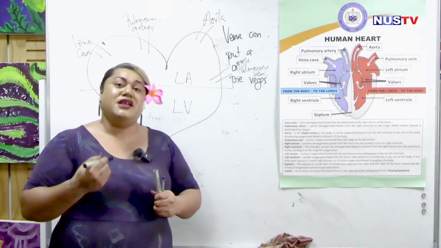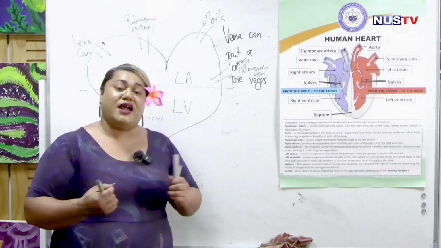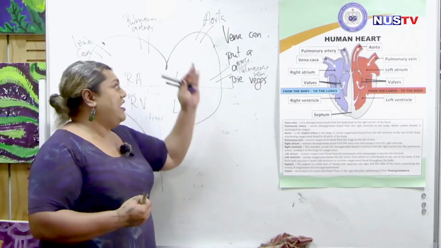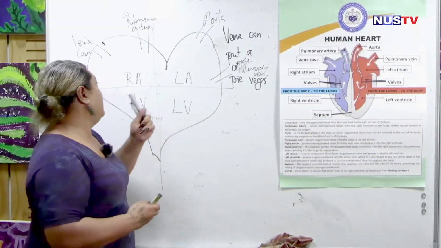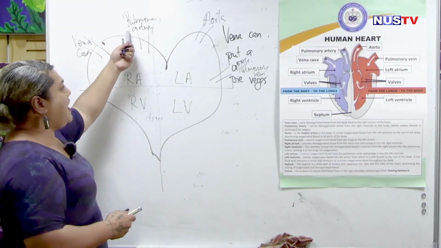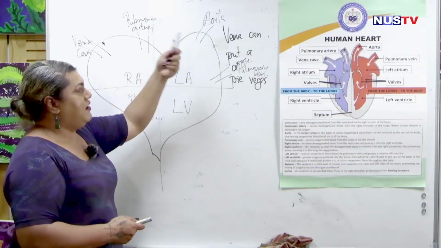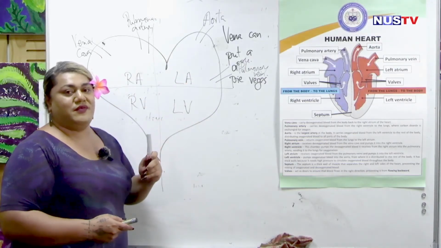So it reminds you about the different parts of the heart. Vena cava, pulmonary artery, aorta, pulmonary vein.